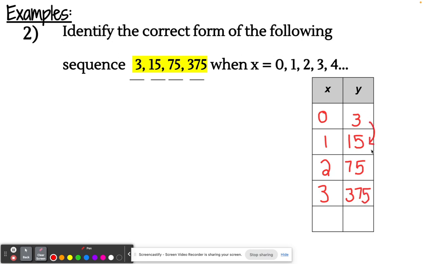As you can see, my pattern here is a multiplication pattern, and it's times 5. So what is my function rule? Well, f of x is equal to my starting point, which is 3, times my constant multiplier, that is 5 to the power of x.